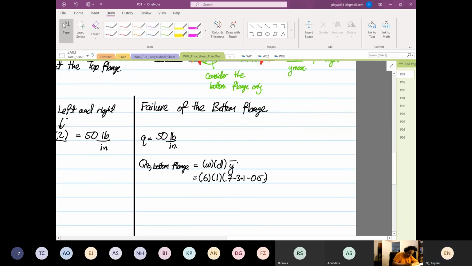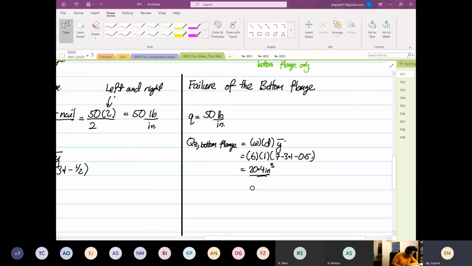So we get 7 minus 3.1 minus 0.5 times 6 times 1, which is equal to 20.4 inch cubed. Yes, we are in inches. Pretty straightforward.